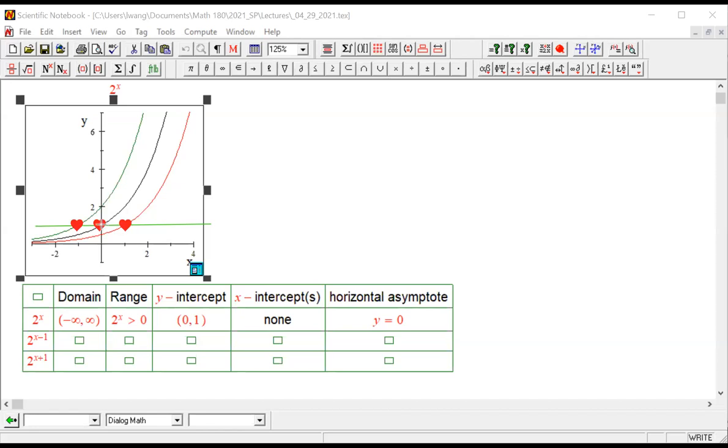On this one, shift it to the left. And the other one, shift it to the right.